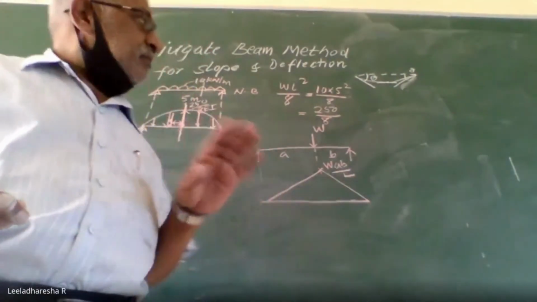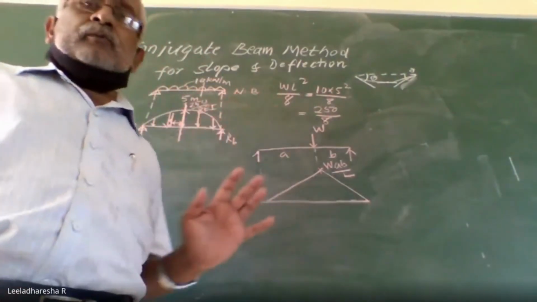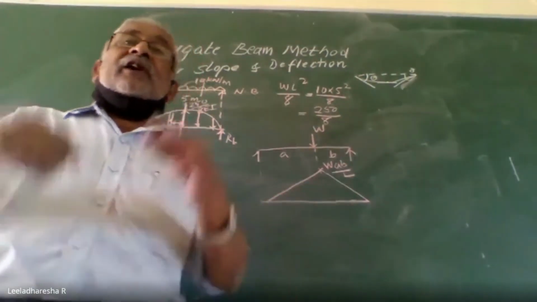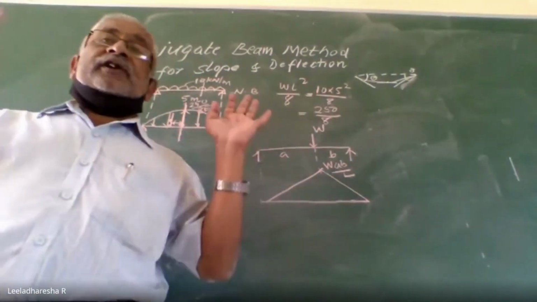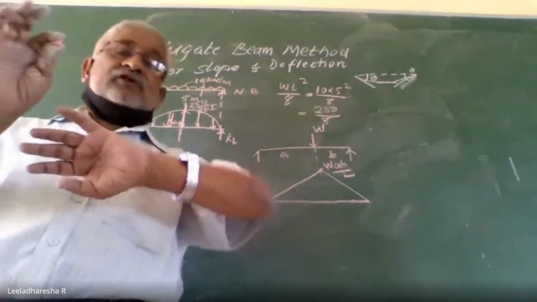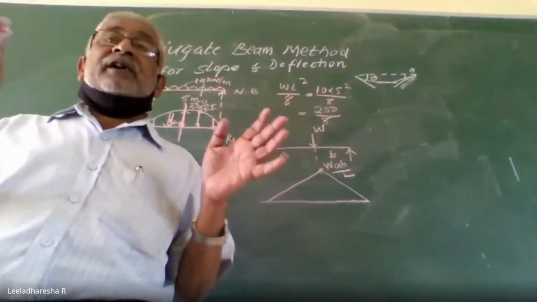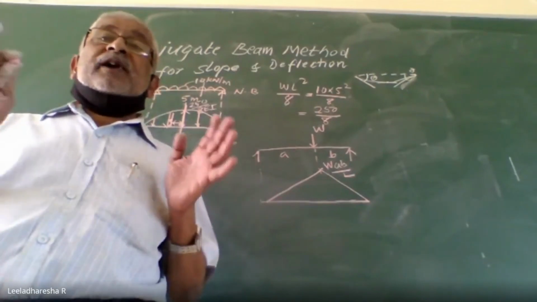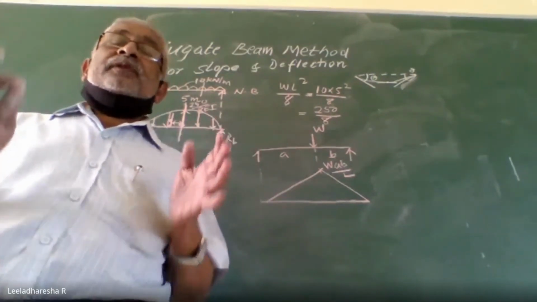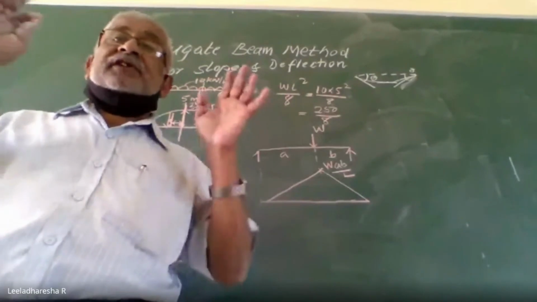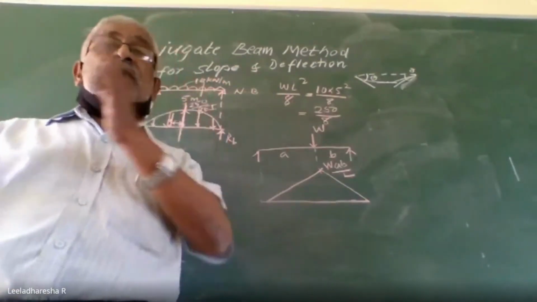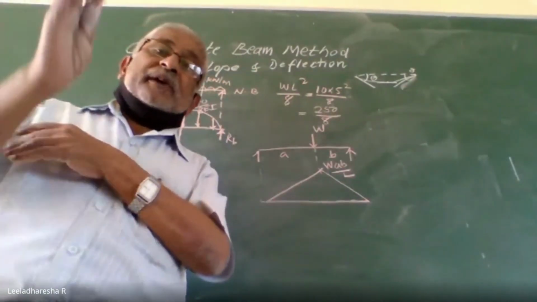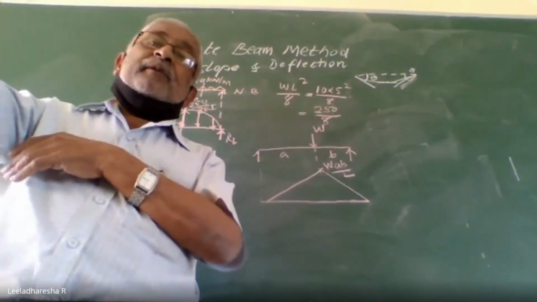So, today, I hope you have understood. What you need to remember is what a conjugate beam is. A conjugate beam is a beam which is loaded with its bending moment diagram and elastic properties. So it becomes a conjugate beam. Shear force at any section in the conjugate beam is equal to the slope at that particular section in the normal beam.